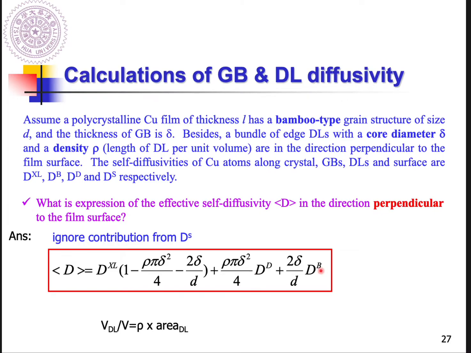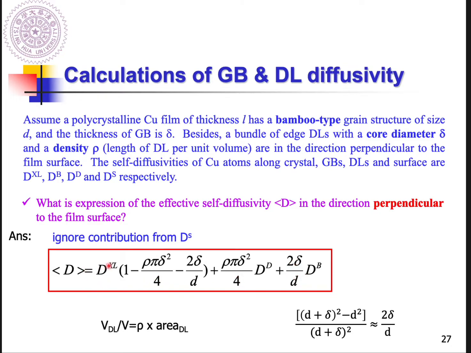And regarding the grain boundary part, if we consider a two-dimensional grain boundary, then we know the ratio will be 2 delta over d. And this is the fraction of grain boundary.